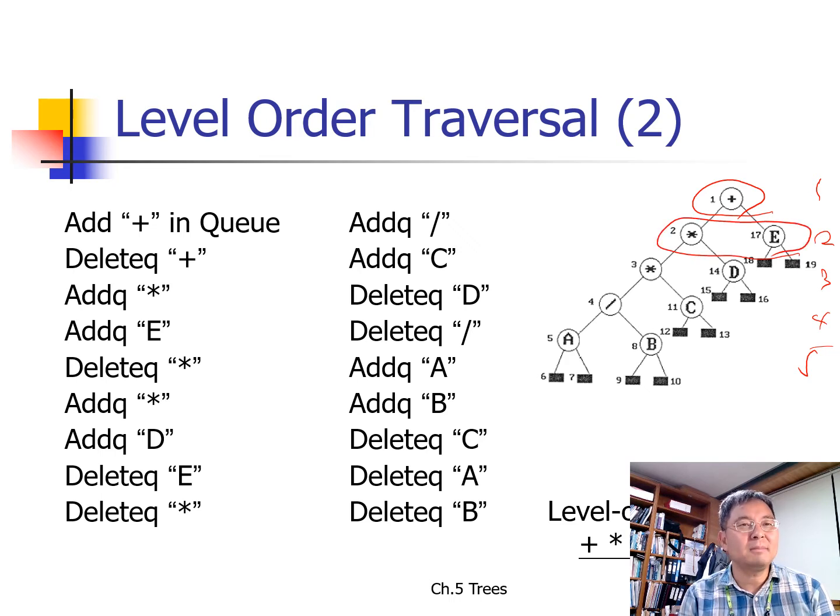At the same level, we visit the leftmost node first, and then go to the rightmost node. So plus, asterisk, and E, and asterisk again, the division, C, A, B is the traversal order.